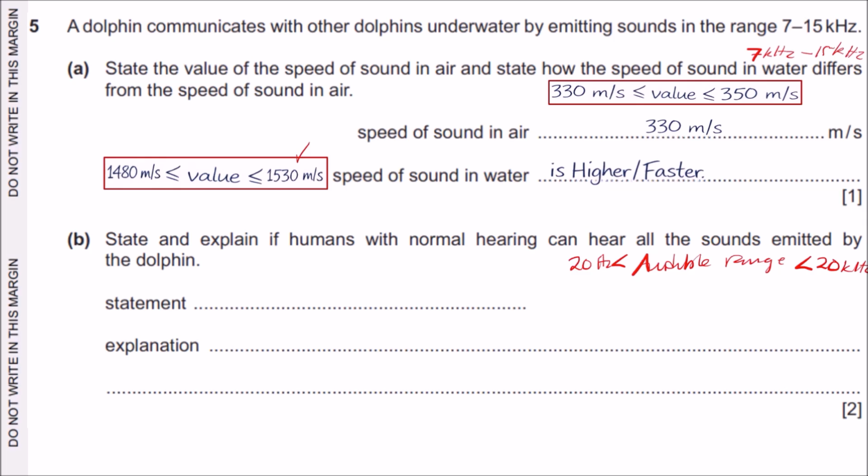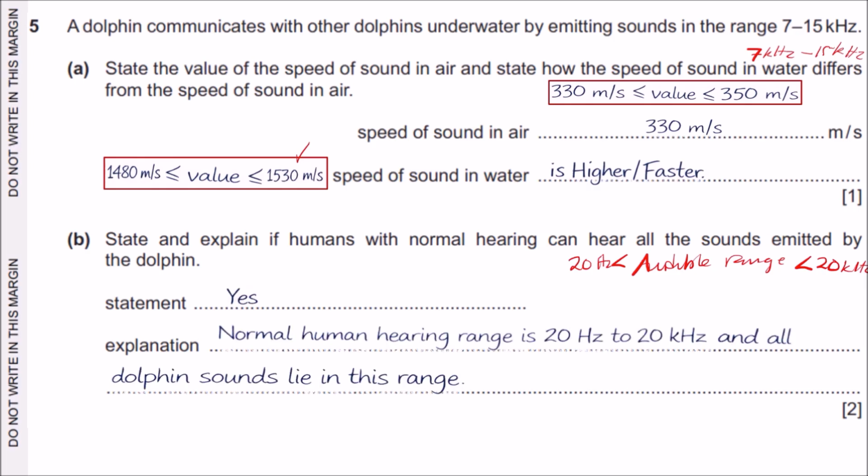We can see that the dolphin sounds all fall in the audible frequencies. So we can say yes, a normal human being will hear the sound. And how do we explain? The normal hearing ranges from 20 Hz to 20 kilohertz, of which all the dolphin sounds lie in this range. With this, we get 2 out of 2.